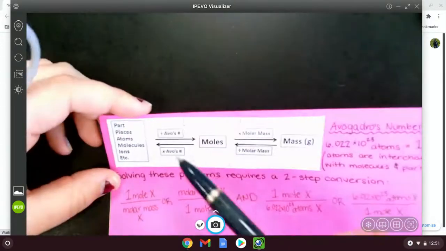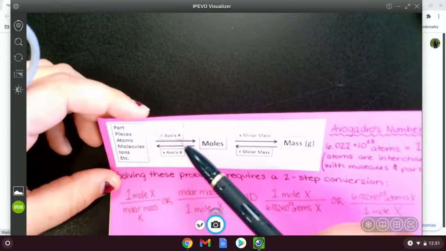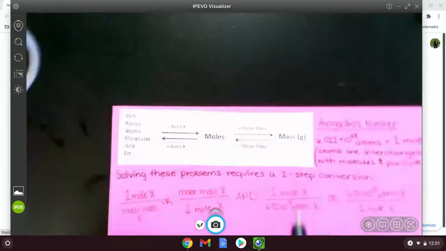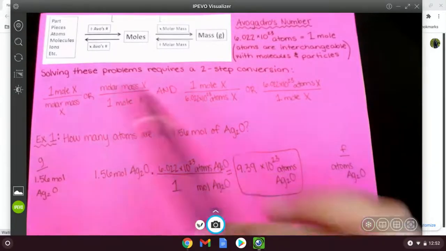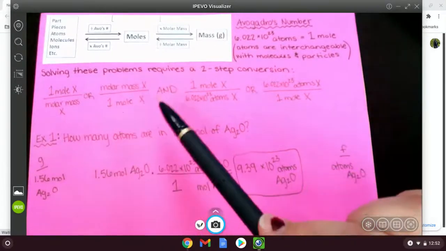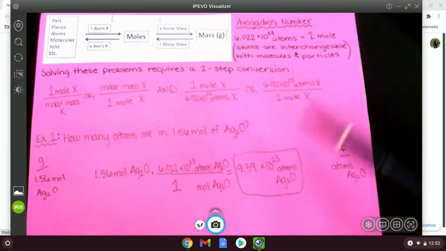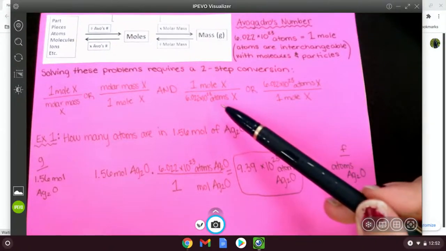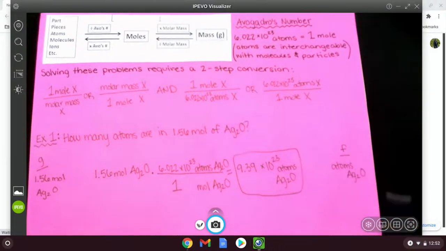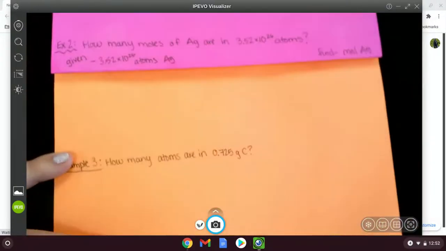So this means we're going to divide by Avogadro's number to get to moles. Looking at our conversion factors, this one doesn't have Avogadro's number, so we're ignoring it. We're working with these two. If we're dividing by Avogadro's number, we're going to use this conversion factor. So let's set up our problem.